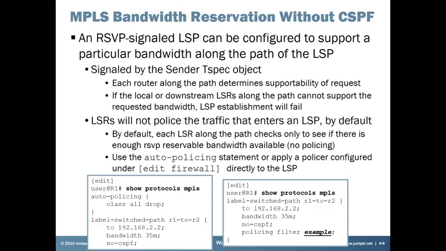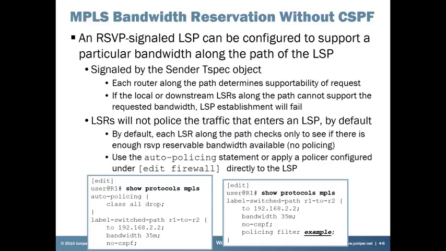So yes, we need a certain amount of bandwidth, we've built our LSP, it's got our bandwidth, but what happens if the actual traffic that we're sending exceeds the bandwidth? MPLS doesn't by default police that traffic, but we can make it do that simply by adding this policing filter in there. And we can go ahead and create this policing.